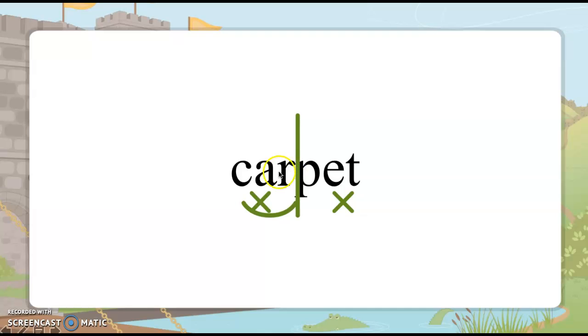And we don't have to do anything to the AR. We just need to do something to the E here. And it follows phonetic skill 1, so it's short. Our first syllable says car. Our second syllable says pet. We put it together, and the word is carpet. Say carpet. The juice spilled onto the new white carpet.